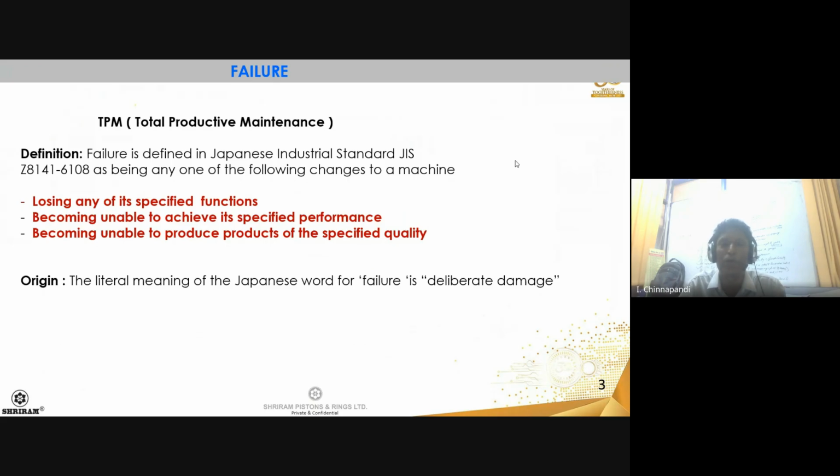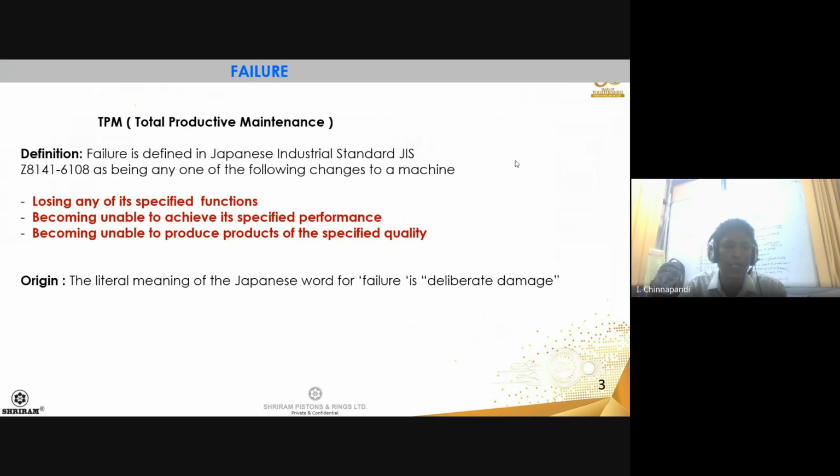For example, per shift, if you want to produce 5,000 components and we are able to manufacture only 4,000, we can say the feed rate is less.